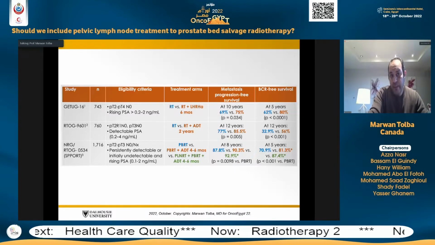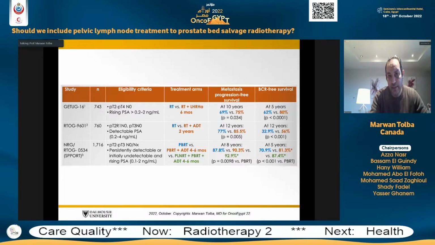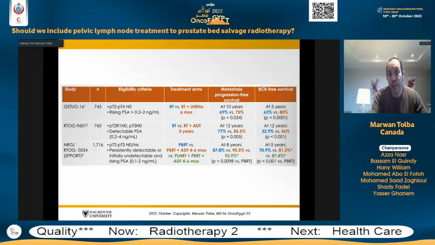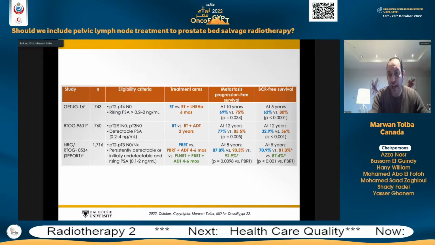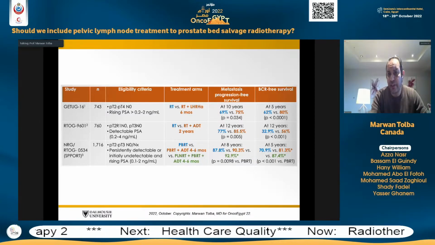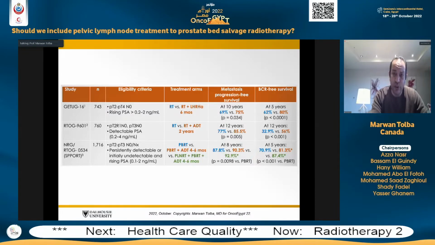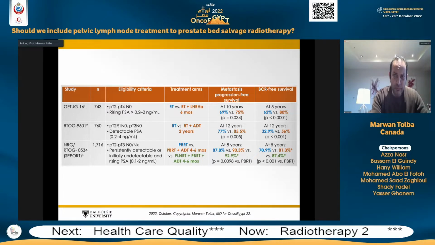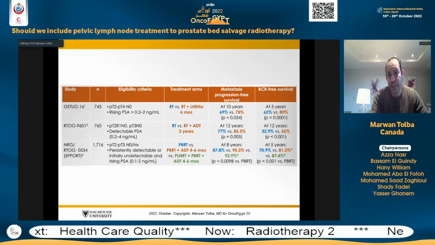To wrap up, these are the 3 big trials that investigated post-prostatectomy management. In the GTOG16 trial, they added short-term LHRH agonist, which revealed distant metastasis-free survival, metastasis progression-free survival, and biochemical recurrence-free survival benefit.